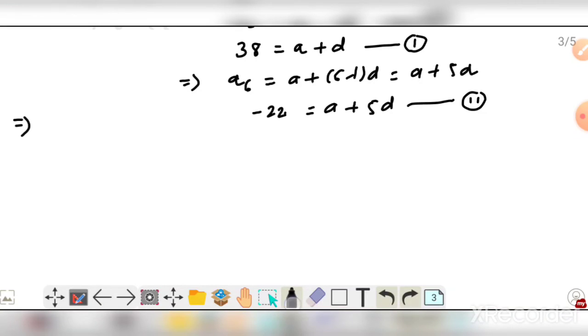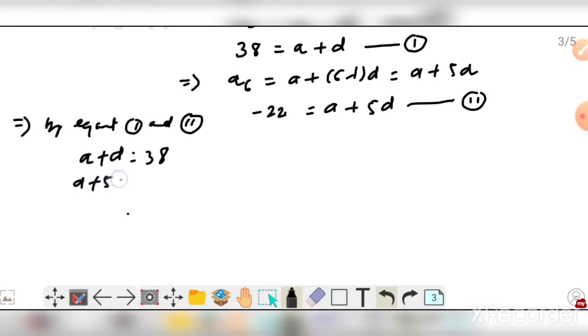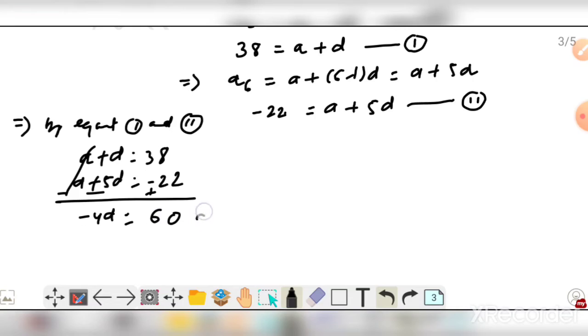Okay, that will be more easy. By equation 1 and 2, A plus D equal to 38 or A plus 5D is equal to minus 22. Minus plus. Okay, this will be cancelled. So minus 4D equal to 60. So D is equal to minus 15.